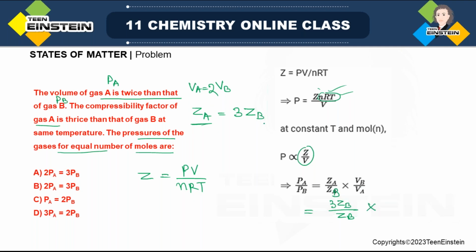In place of VA, you can write 2VB. So VB cancelled, these two cancel. You are getting 3 by 2. That means 2PA is equal to 3PB, and it is matching with the first option. In this way, we can find the pressure of the gas, because the number of moles and temperature are both the same.